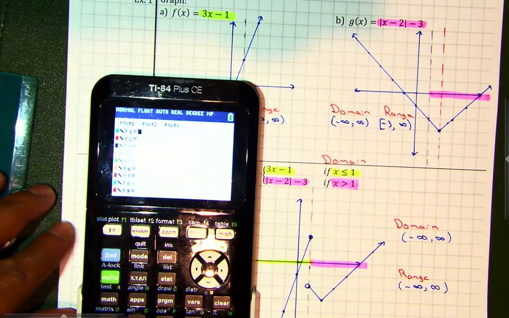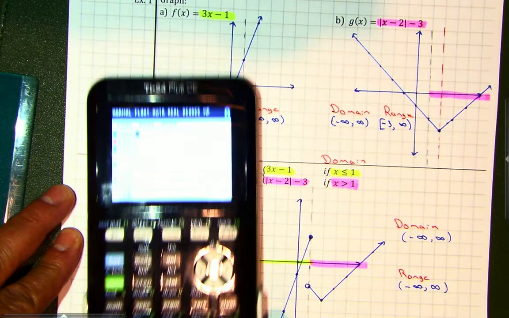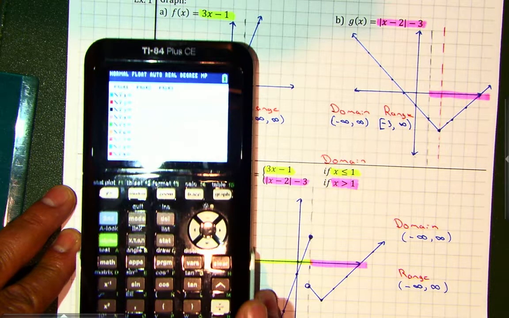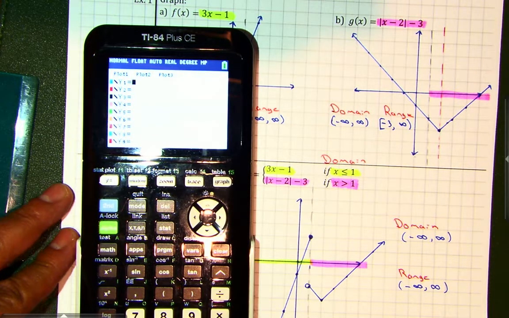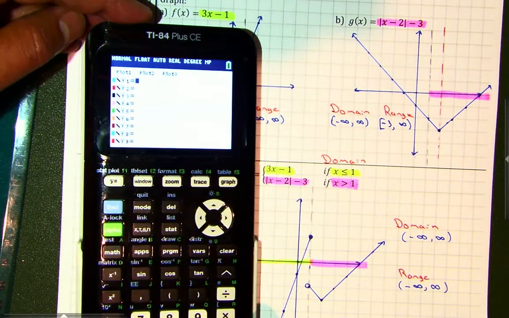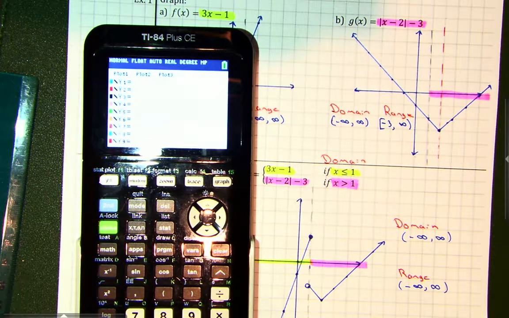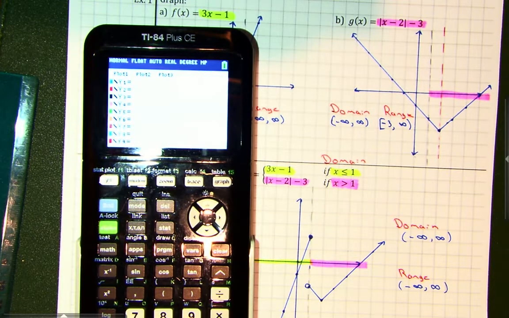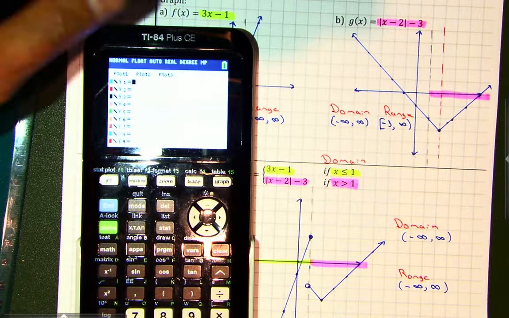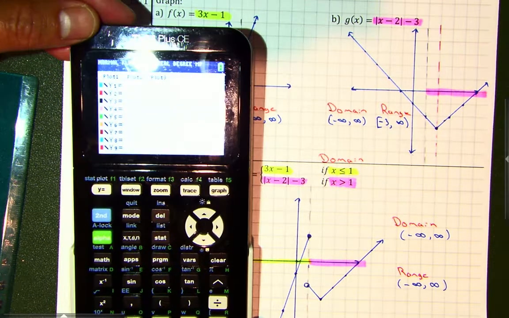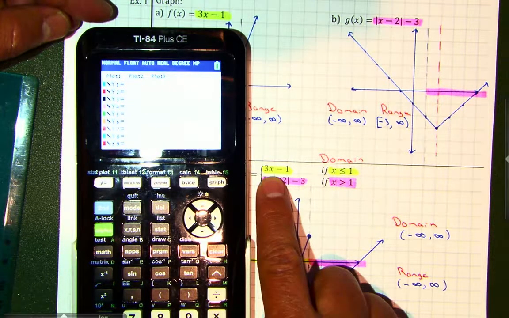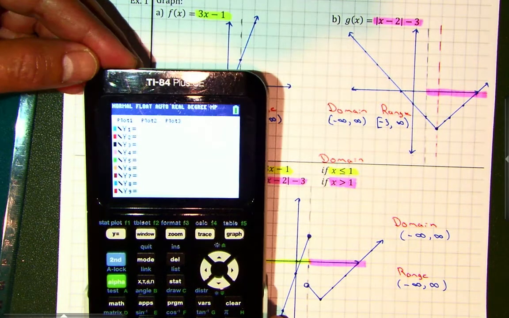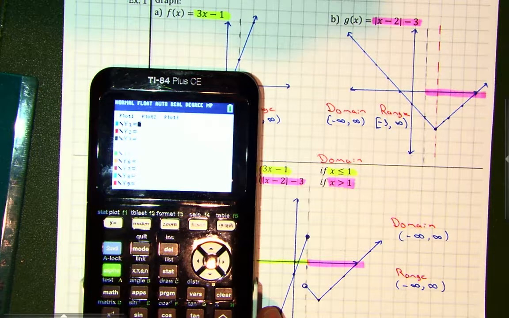I need to type in a fraction bar. So I'm going to type in the first equation, and I just want this part of the graph.